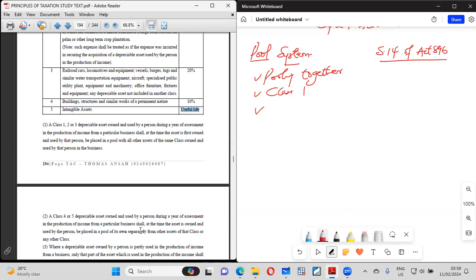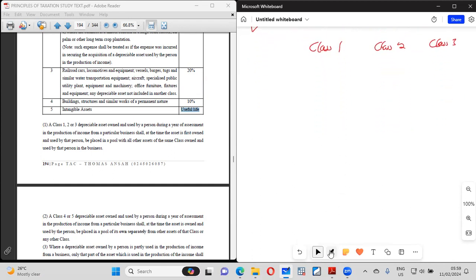Now, there is a template, as you can see here. You have to put in here class 1 asset, class 2 asset, then class 3 assets. Remember, we said that class 1 to 3 assets follow the pool system. So always do these 3 classes together. Then when you are done, you come and do your class 4 asset.